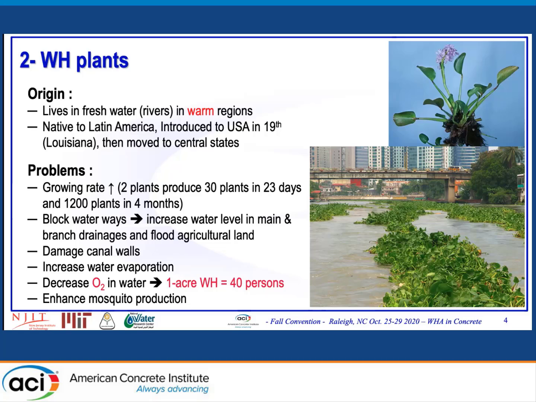They estimated that the consumption of 1 acre of Water-Hyacinth plant is equal to the consumption of about 40 persons. Of course, it also contributes to mosquito production, which is not preferable in these areas. So it has associated with it some certain problems.